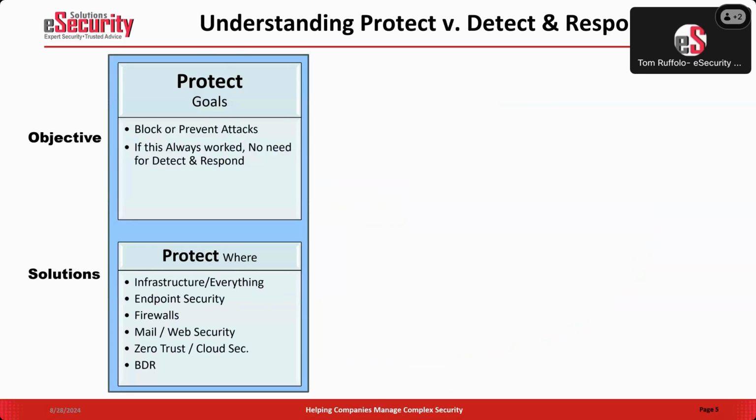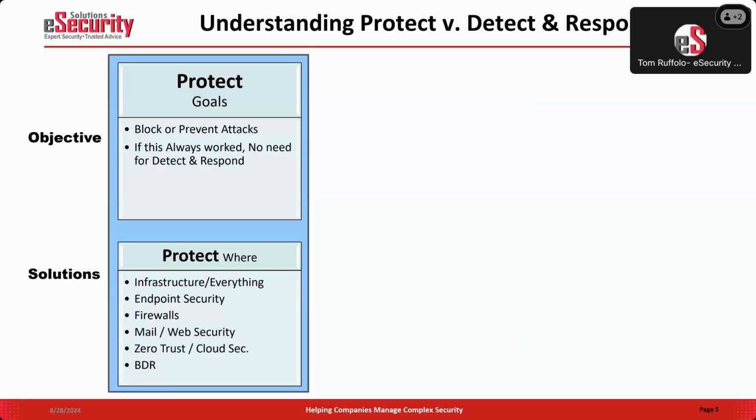Let's start with the basis for discussion by defining protect, detect, and respond separately. Protect security is built around the concept of blocking and preventing attacks, which works fine until criminals regularly find ways to circumvent those prevention solutions. Security holes get closed, but then another loophole gets opened.